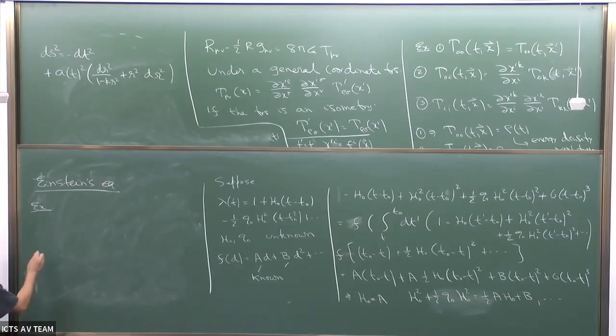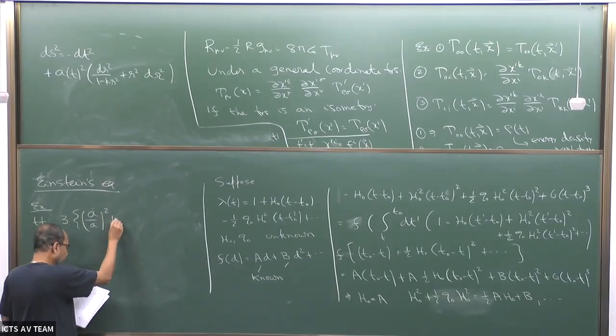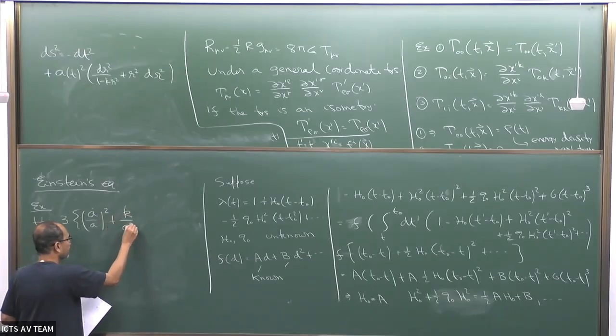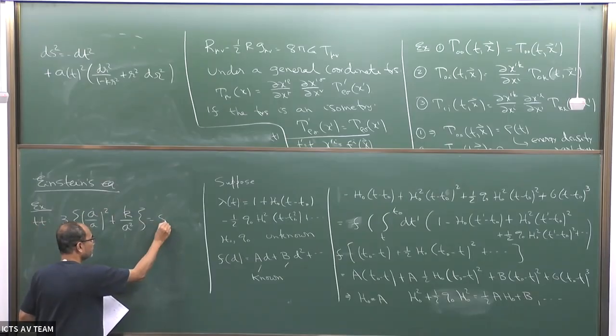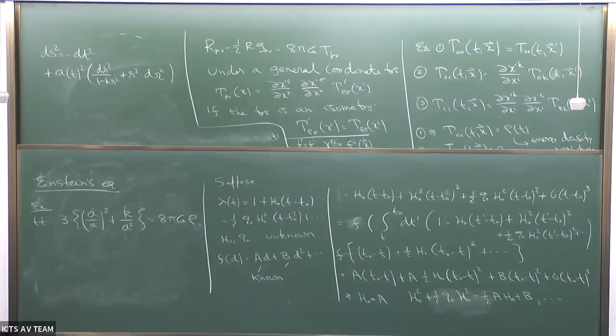Okay, so the tt component is 3 times a dot over a, squared, plus k over a squared. Here a dot means time derivative.